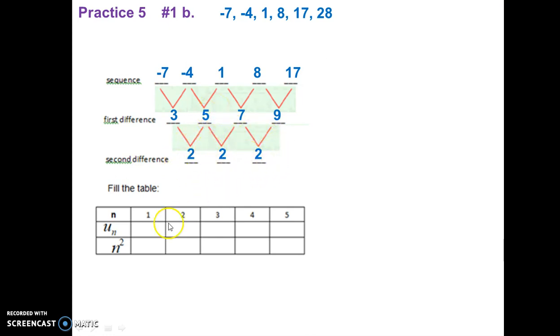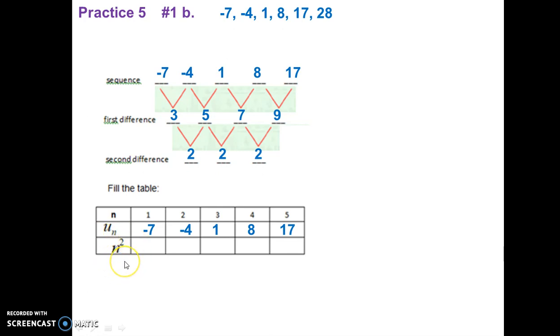So since this sequence is quadratic, we're going to fill this little table. Here are our n values: first term, second term, third term, fourth term, fifth term, and the term value at each of those. So basically at position 1, we have -7. At position 2, we have -4. At position 3, we have 1, and so on. So there's our sequence. But since we know this is quadratic, we're going to do n squared and see what we get.